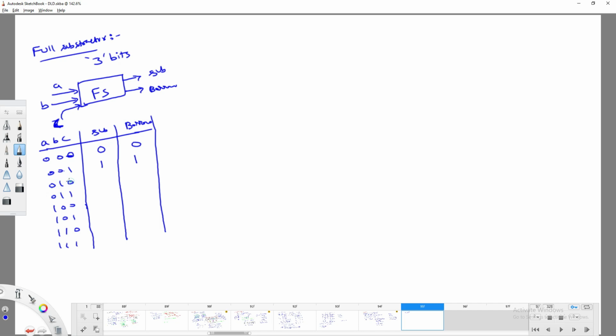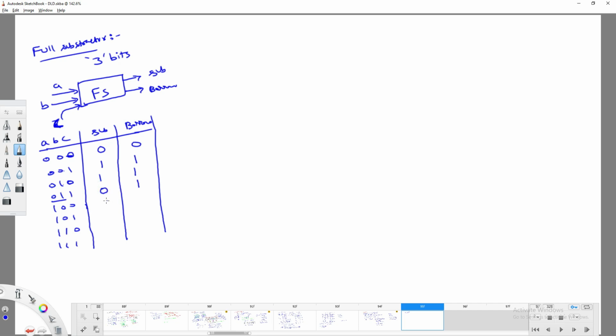Similarly, when 0 1 0 is there, you have to take the borrow from the other side, and you will get 1, right? That 1 you are going to place. So finally you are going to get the 1. From 0 1 1, you are going to get the borrow, because 0 minus 1 is borrow 1, and that 1 minus 1 is 0.